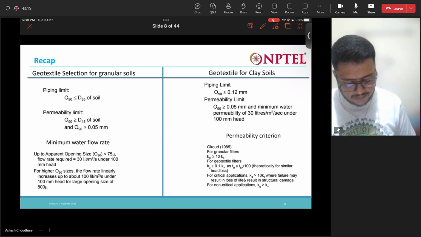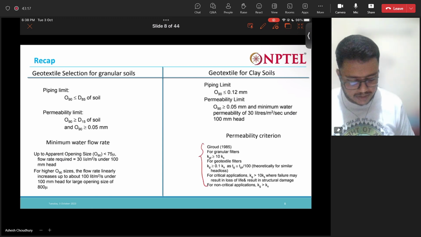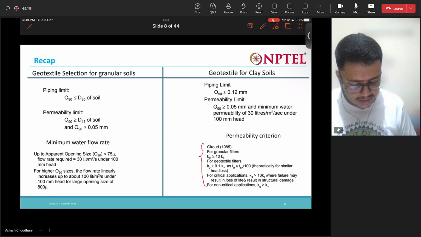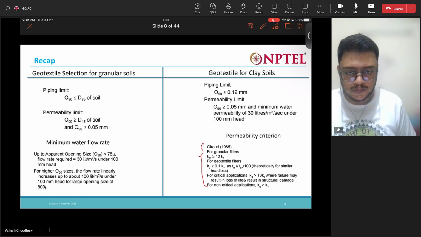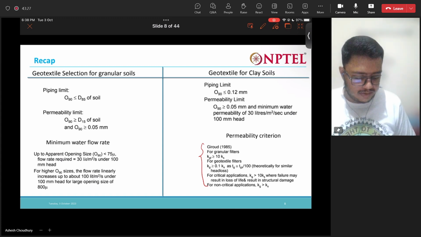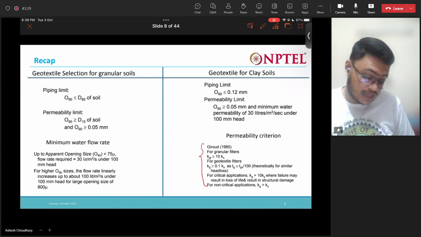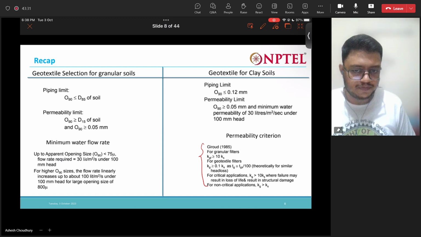So you can see here some of the permeability criteria given by Giroud. So for granular filters, the K of granular filter, that is the coefficient of permeability K, for granular filter should be greater than or equal to 10 times that of the soil.